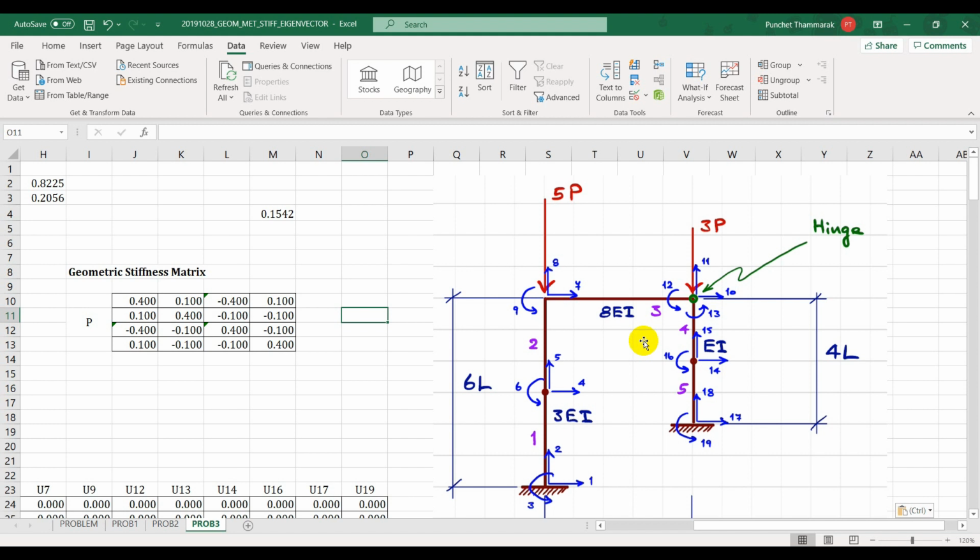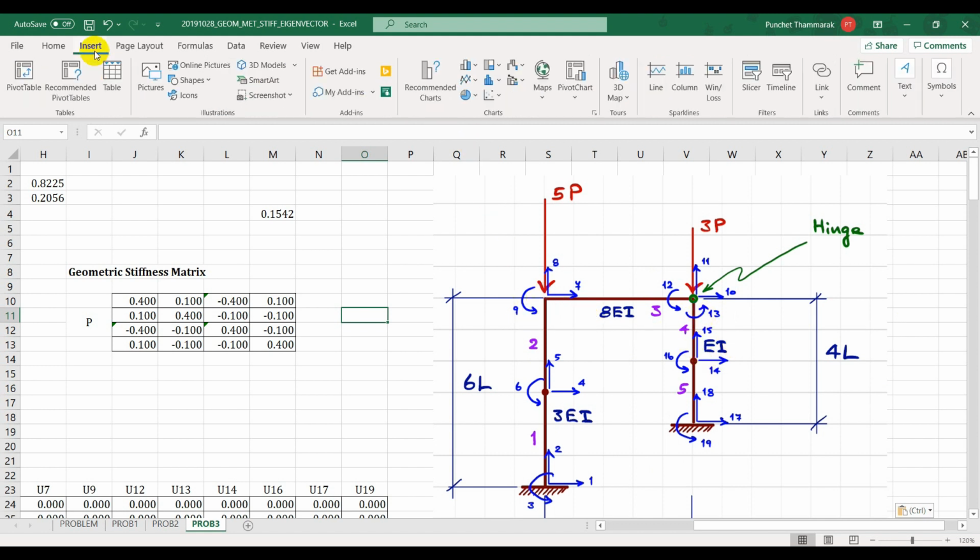It doesn't have to be. You might have just a little swing of the axial force of these two columns as you apply the load. So let's take a look.